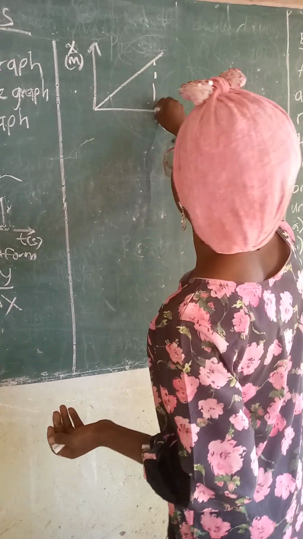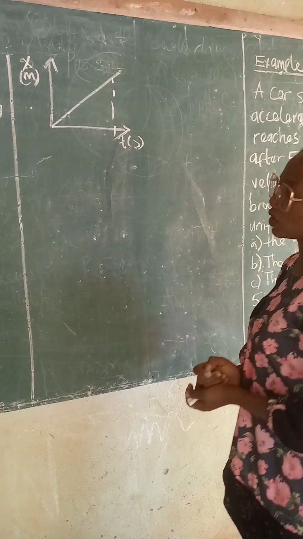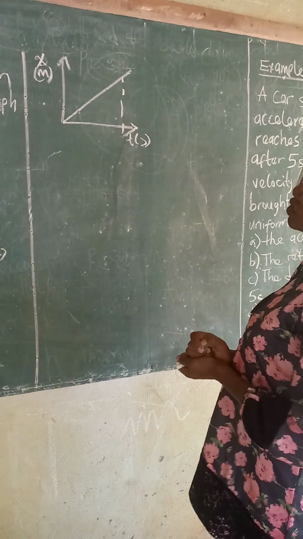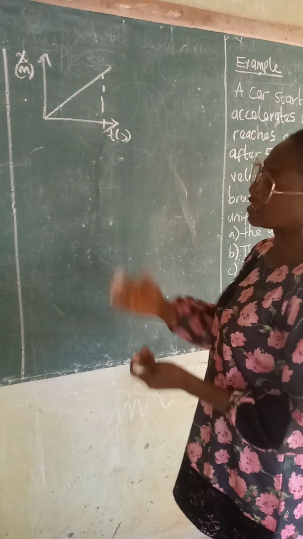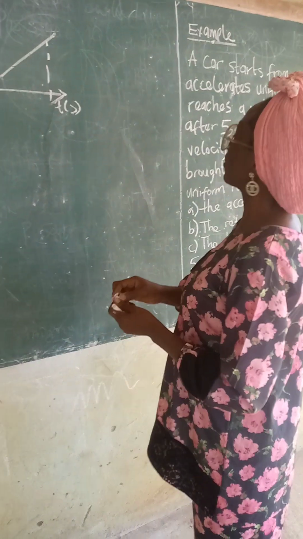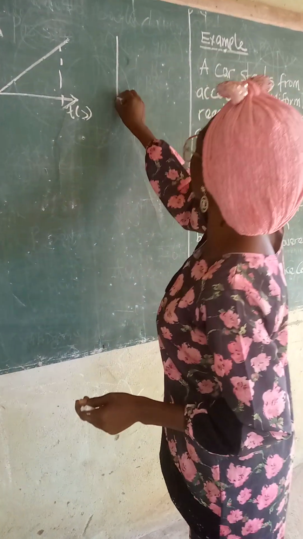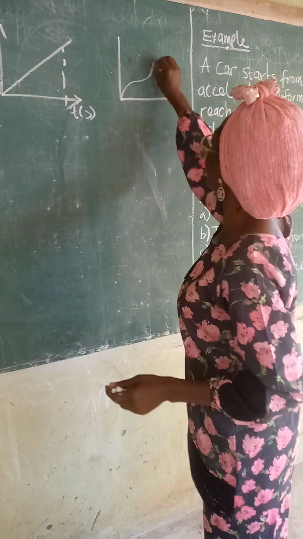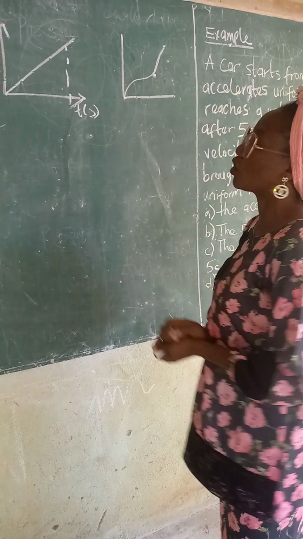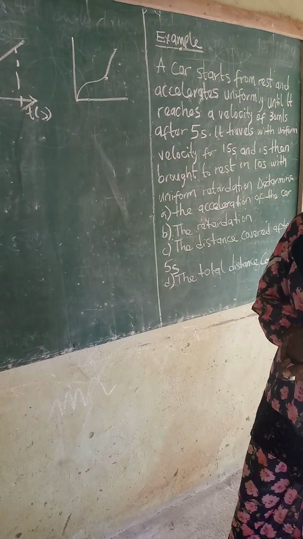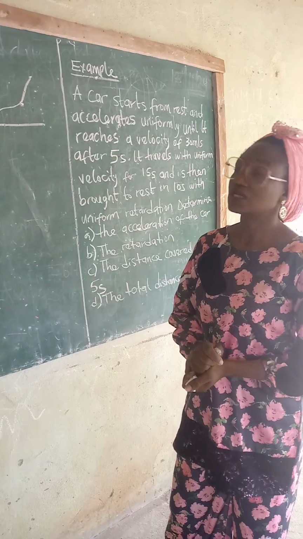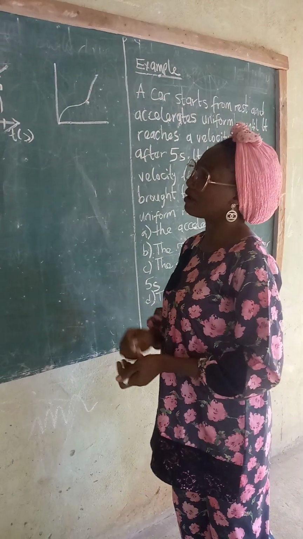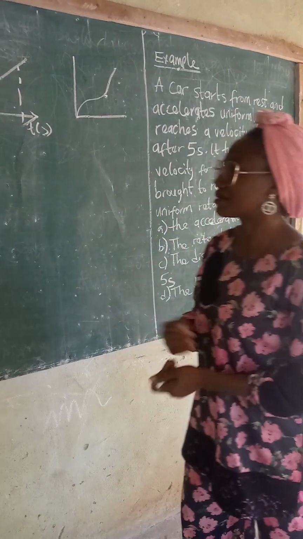The slope gives us the velocity, which is displacement over time. Speed is distance over time. If the motion is non-uniform, you have something like this too. The gradient of this also gives us the velocity.